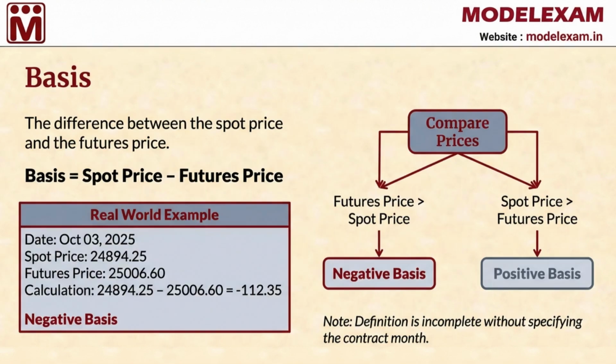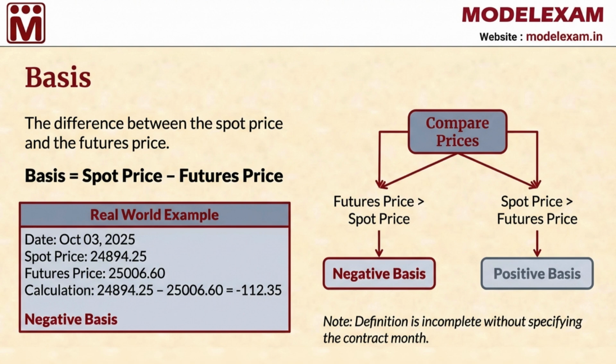Let us start with a simple idea, which is the price difference between what something costs right now and what it is expected to cost in the future. In the world of finance, we call this the basis. You find it by taking the current cash price, also known as the spot price, and subtracting the futures price.